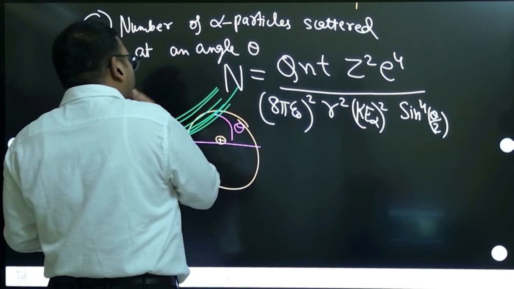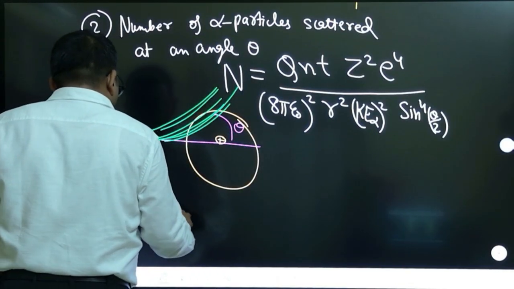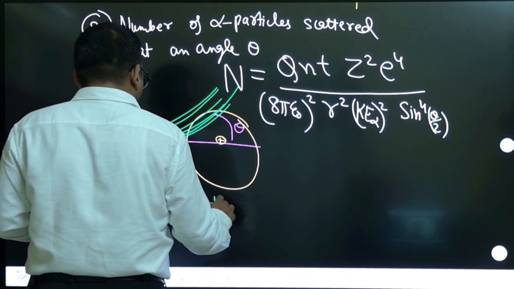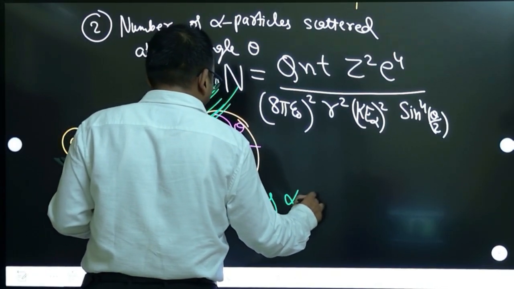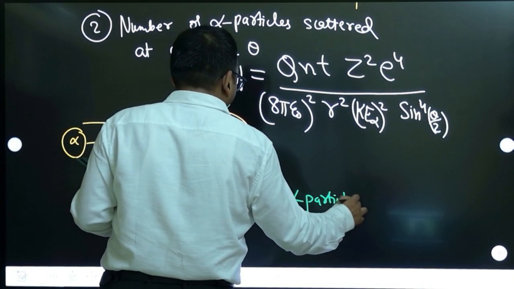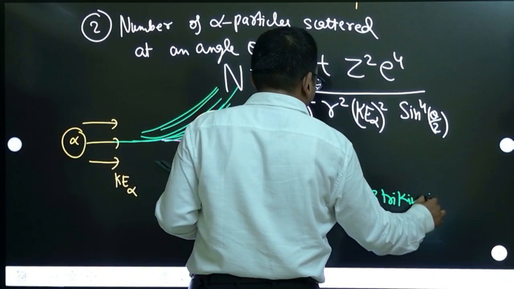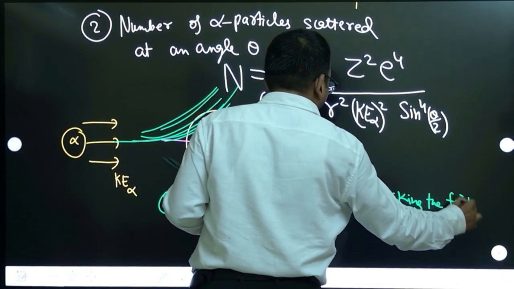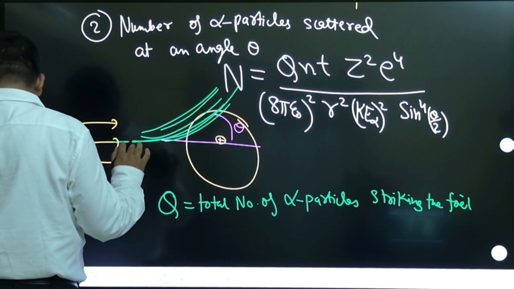So what is capital Q here? Capital Q is the total number of alpha particles striking the foil, the total number of alpha particles which are hitting that foil.